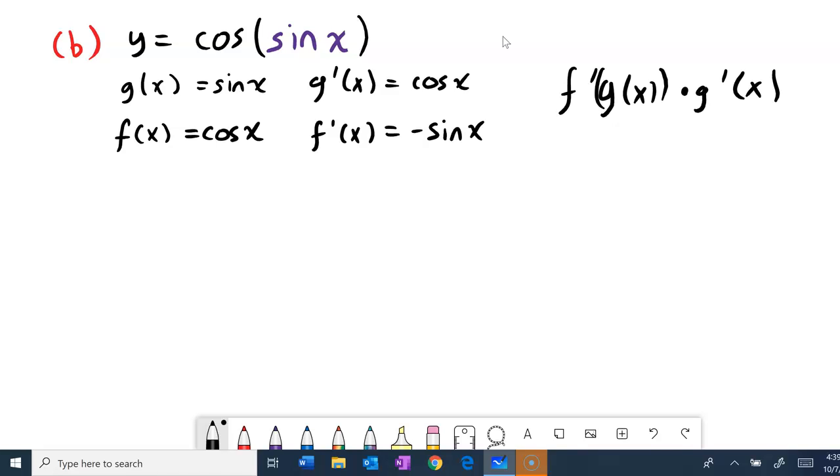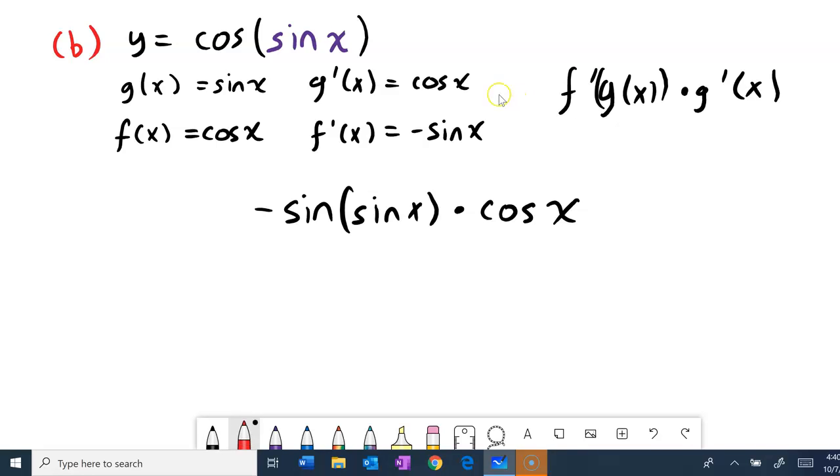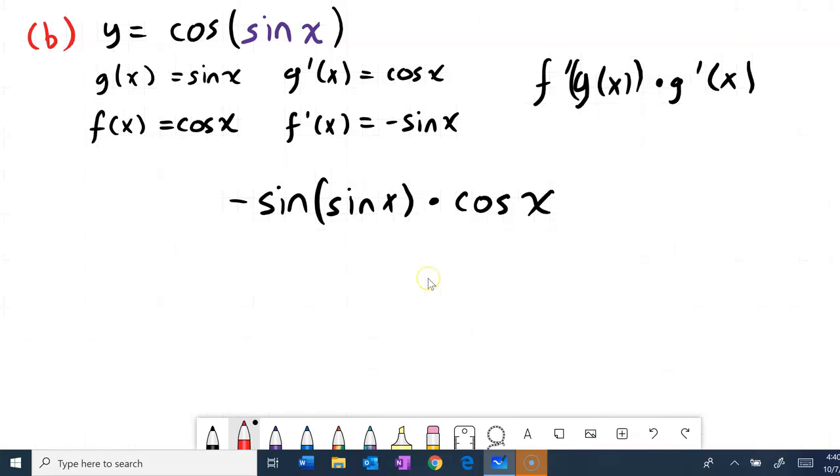I'll just keep rewriting it every single problem so that you'll remember this better. So it's negative sine of whatever's on the inside, which is sine. Remember to keep the g of x, or the inner function, the same first, and then you multiply by its derivative. And then we're done. That's that problem. It's pretty simple. The hard part is finding exactly what the inside is and what the outside is.